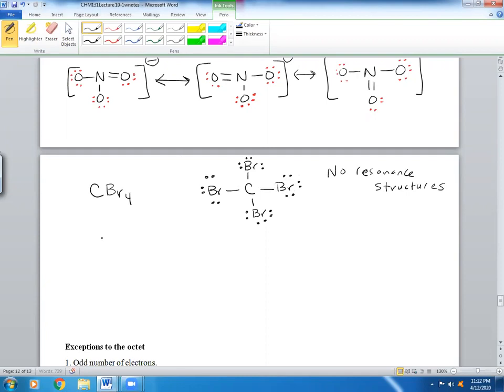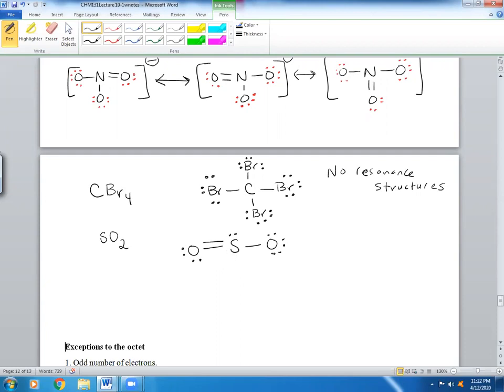Okay, well, what about something like SO2? Do I have any resonance structures? Well, let's see. SO2 would come out to be like this.